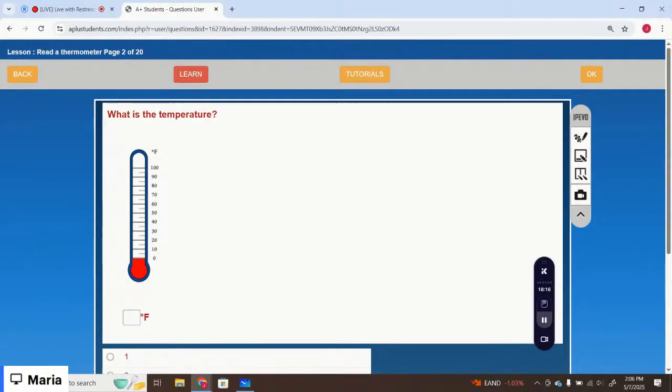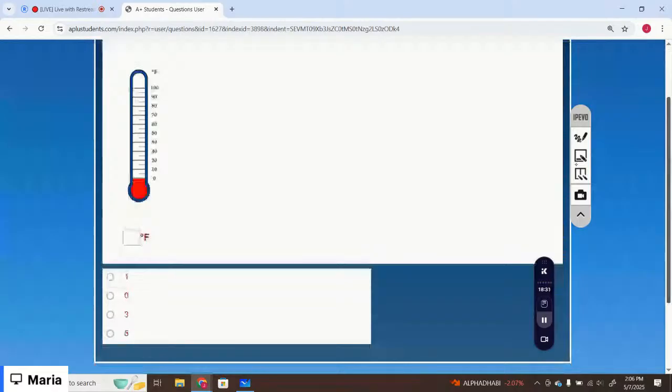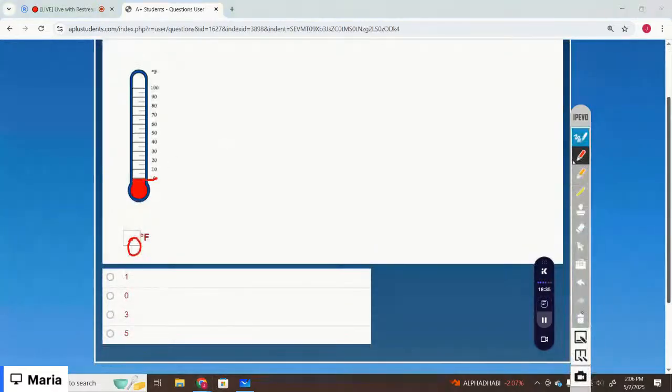Sometimes he keeps the thermometer right below your tongue inside your mouth, and sometimes he keeps the thermometer inside your armpit, right? So that's how you measure the body temperature. So what is the temperature? So a thermometer is also used to measure the body temperature, right?